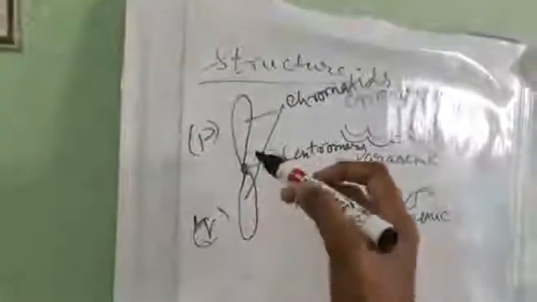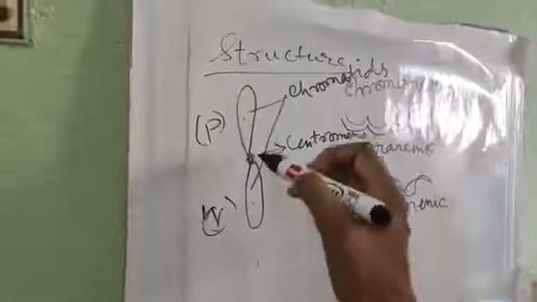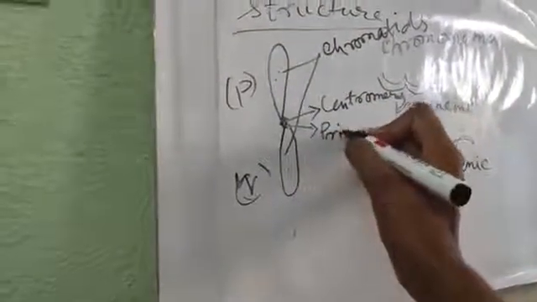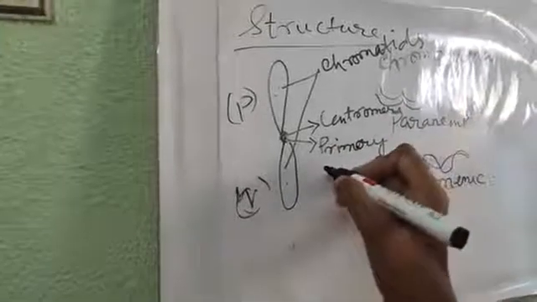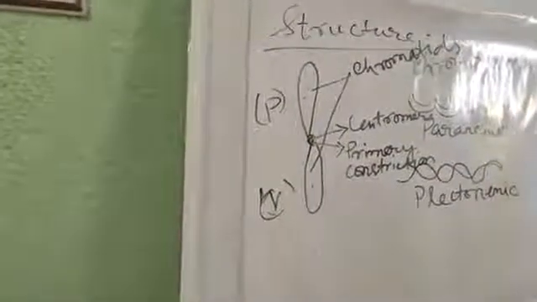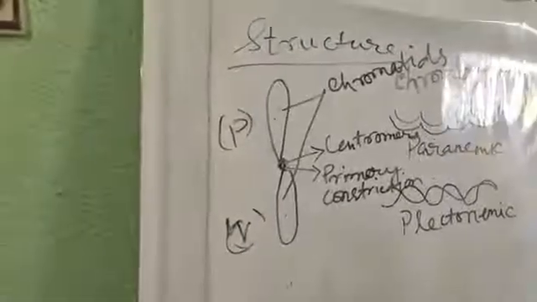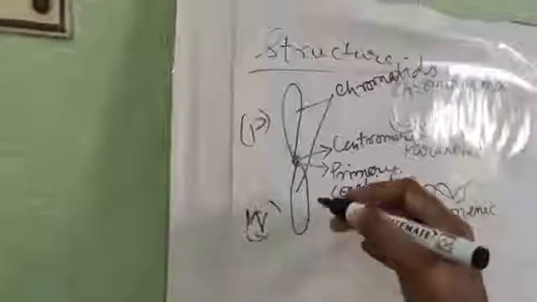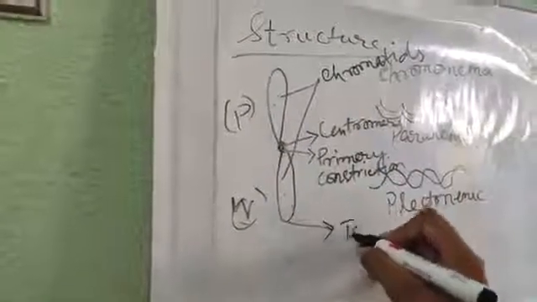Now the centromere, where it is located, is having a constriction. This constriction is called primary constriction, which holds the centromere. These 2 chromatids are the sister chromatids of the chromosome, and the two ends of the chromosome are termed the telomere.